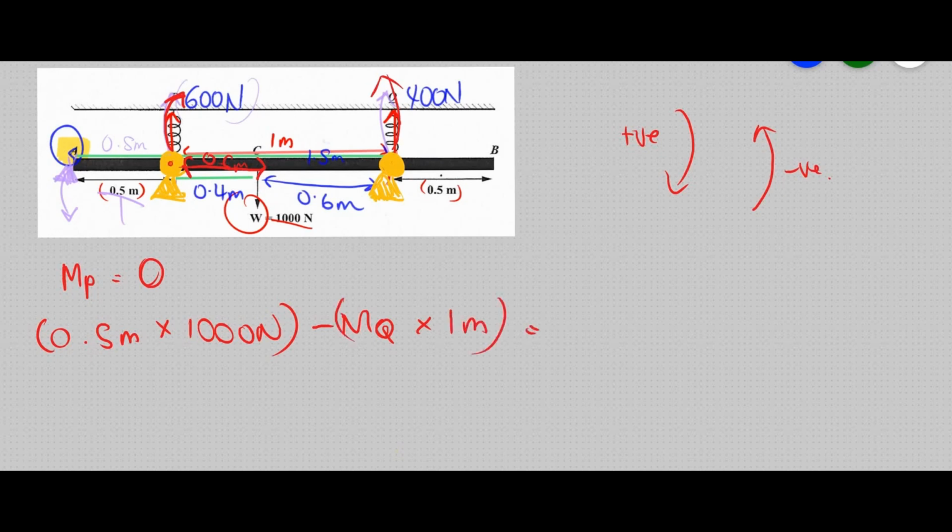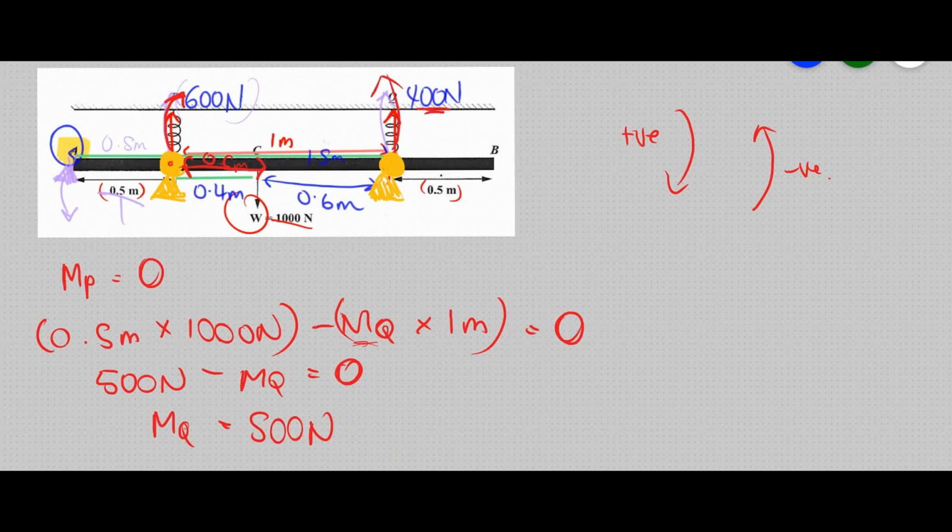And the total moment would be equal to 0. If we work this out and solve for MQ, given that it's 0.5 meters away from P, this would mean 500 newtons minus MQ equals 0. And that would mean MQ is equal to 500 newtons, which is not true. It's equal to 400 newtons.